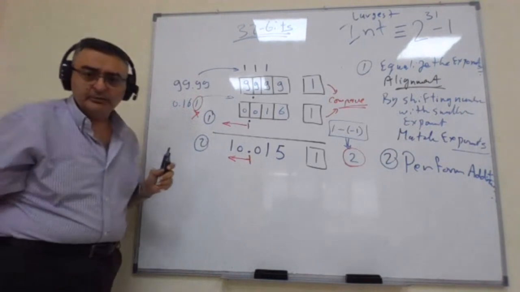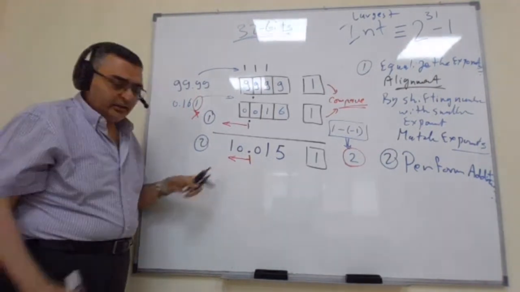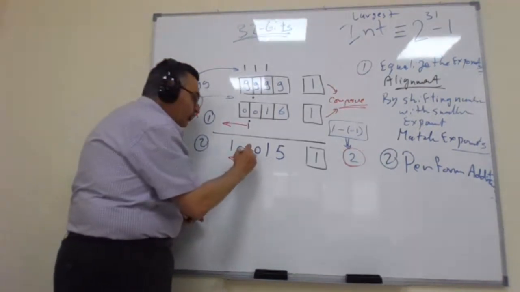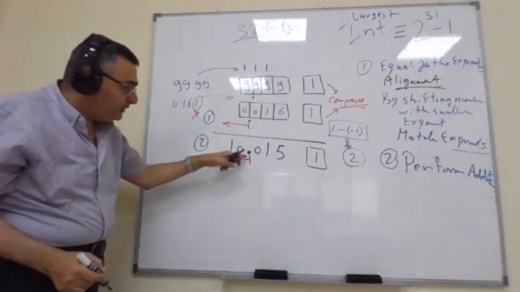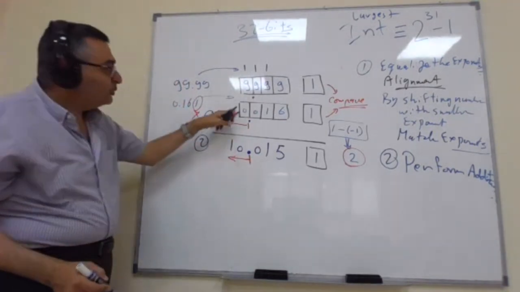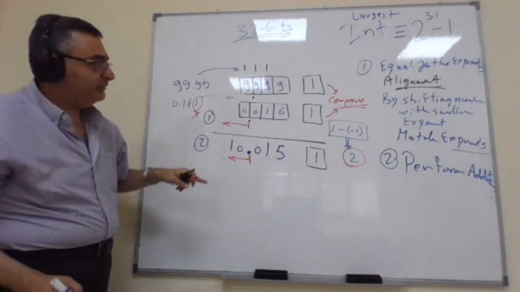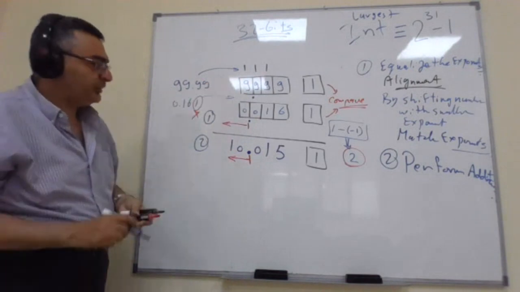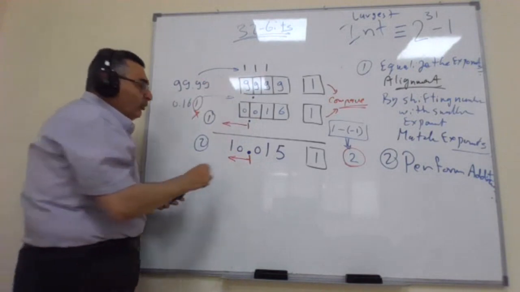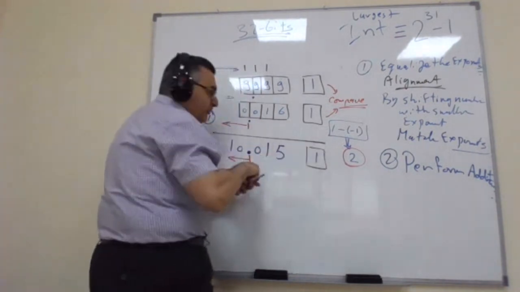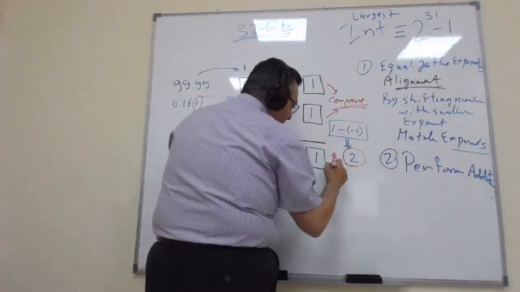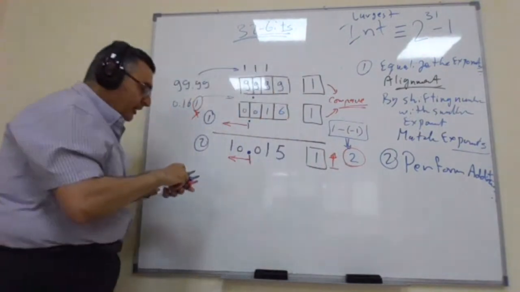The decimal point here, in order to follow the same standard I agree on, should be shifted one place to end up with the same convention as the numbers stored here. When I shift the decimal point to the left, what happens? I am raising the power of the exponent.